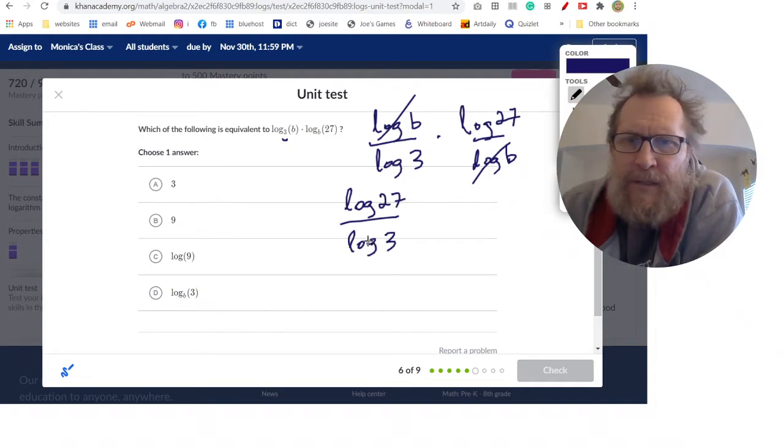Is that what we want to do? Is there an easier way? What's the way to do this?